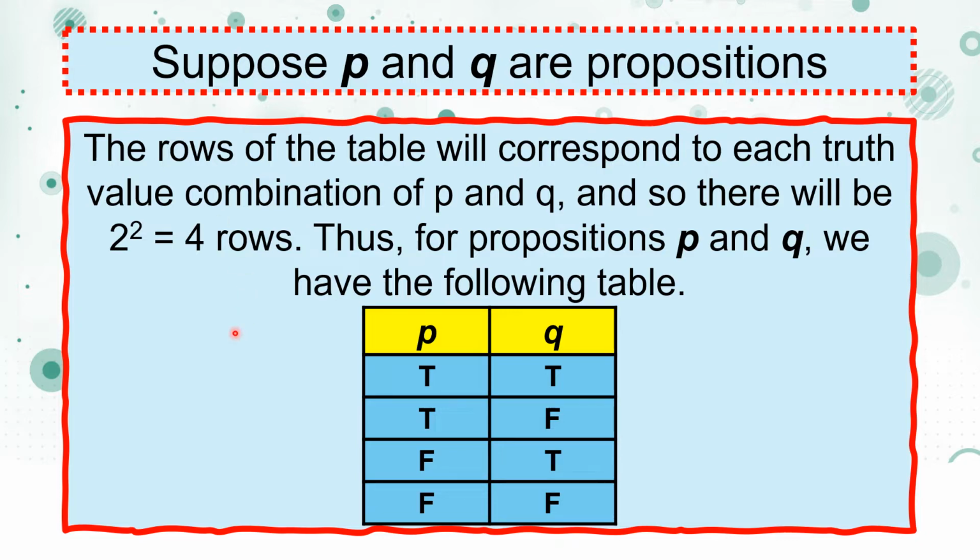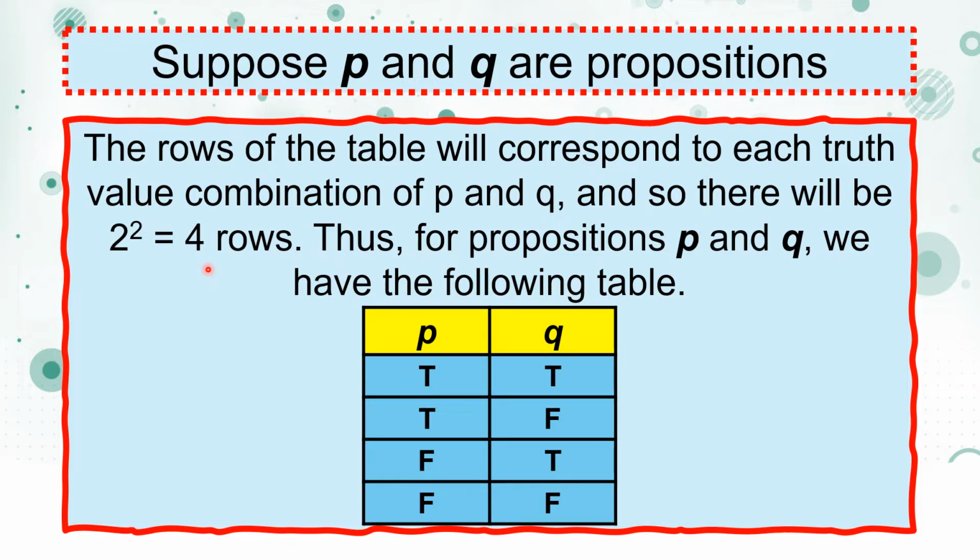Para mapadali or maayos at madali nating ma-memorize ang mga truth-value combinations ng propositions, ito yung ating gagawin. So, since there are 4 rows, i-divide natin siya into 2. Bakit divided by 2?